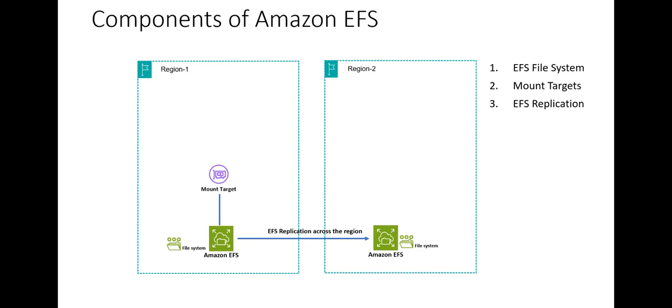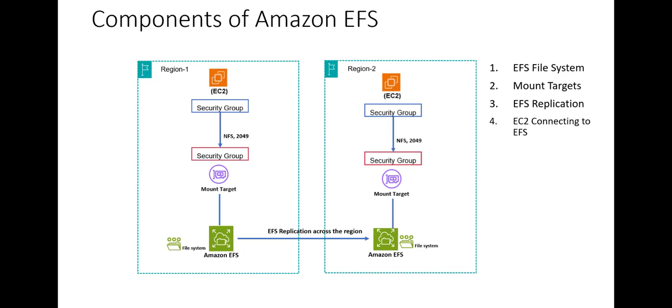Then the next component is the replication part, where EFS can replicate to a different region altogether, although it would be a read-only copy. And the next component is how you connect to EFS after all these parts are in place in your AWS management console.